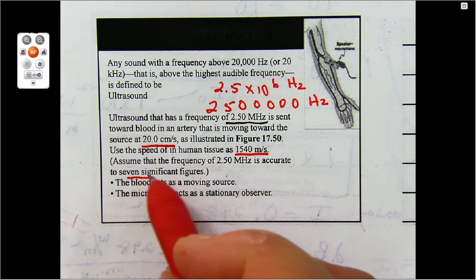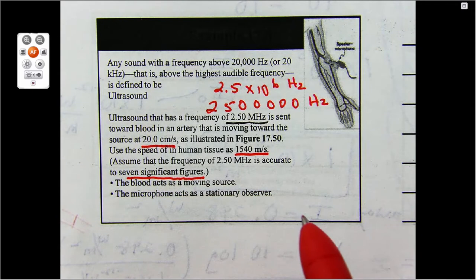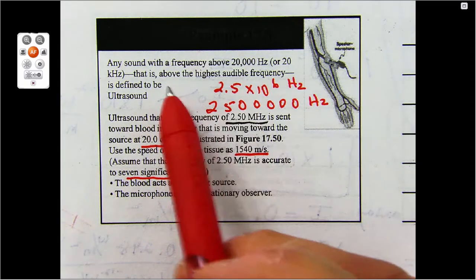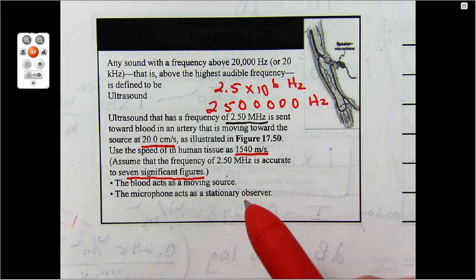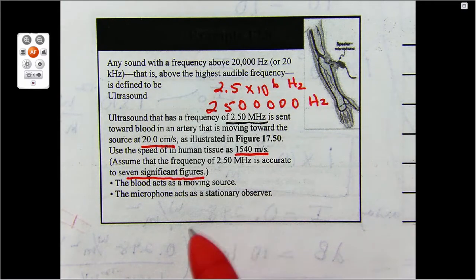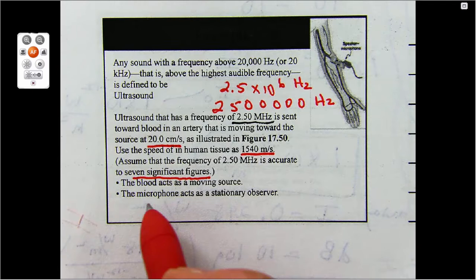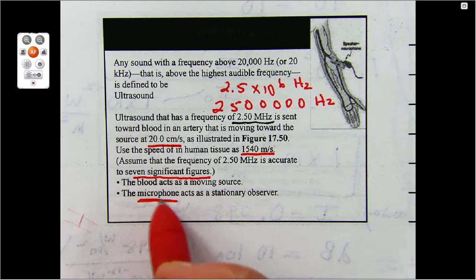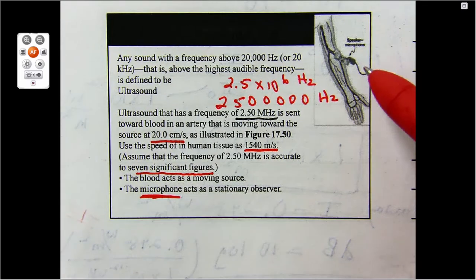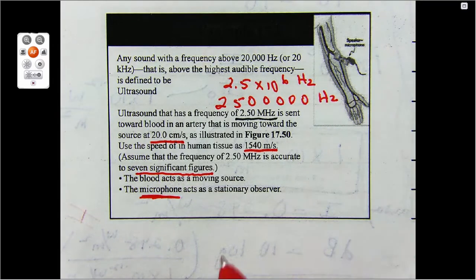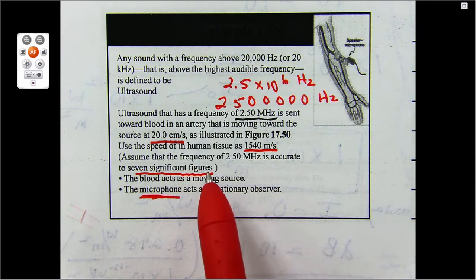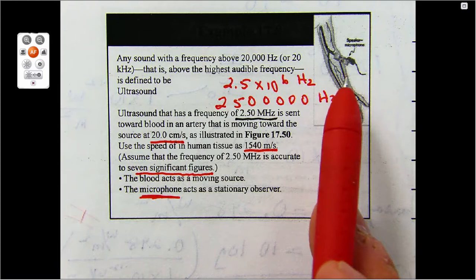Ooh, accurate to 7 sig figs. We want to figure out what is observed by the microphone or the probe. So the microphone would be a stationary observer, correct? And the blood is flowing towards that.